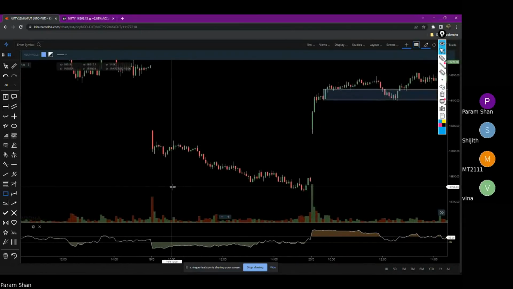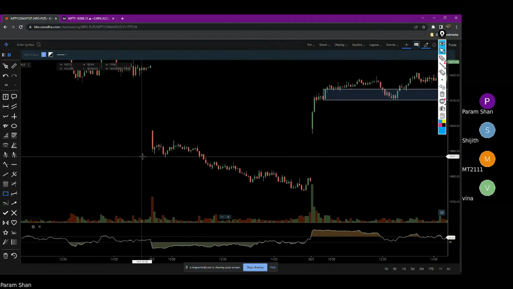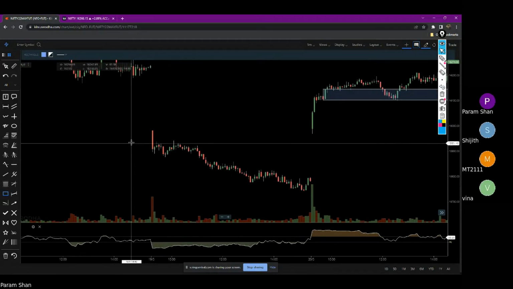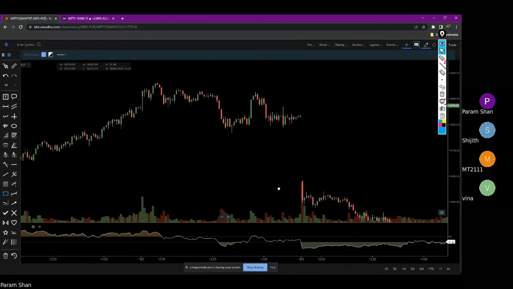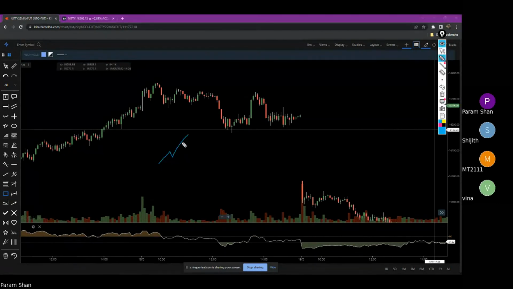You need to have that divergence very clearly available on the chart. Small movements, don't consider them a divergence. The price should make a higher high, and your RSI should make a lower high. Then you can consider there is a divergence.